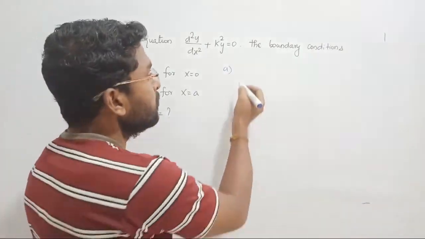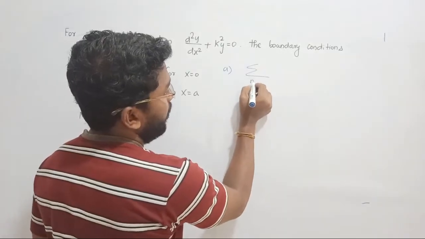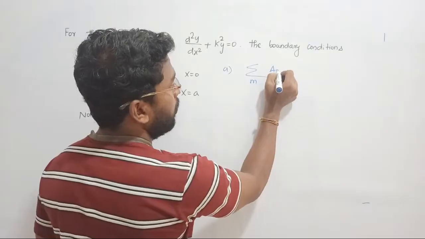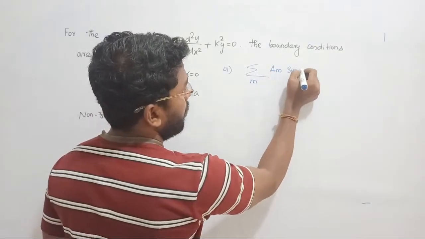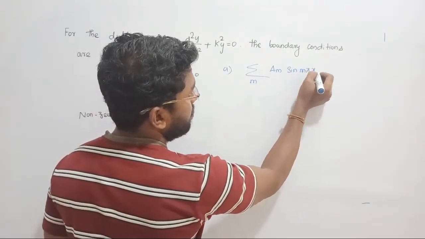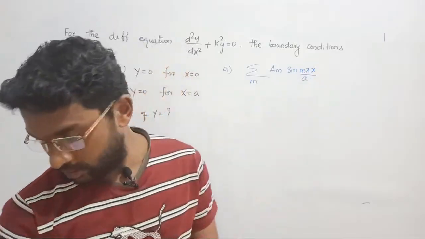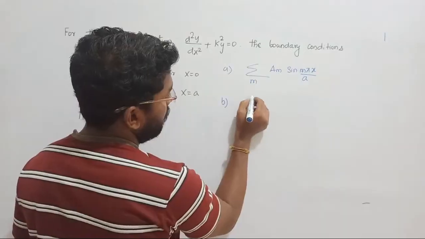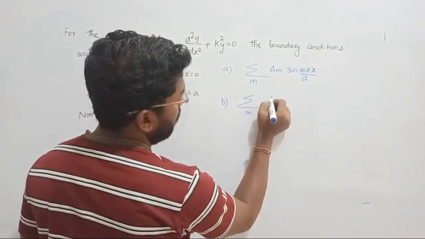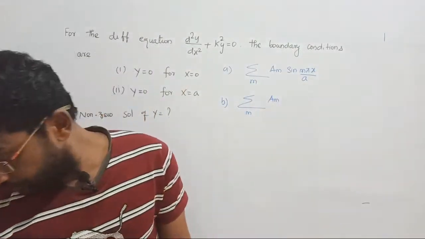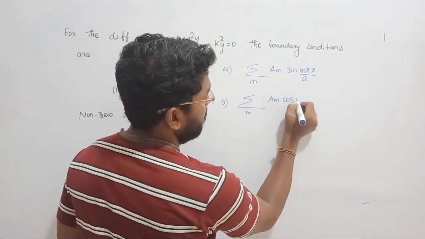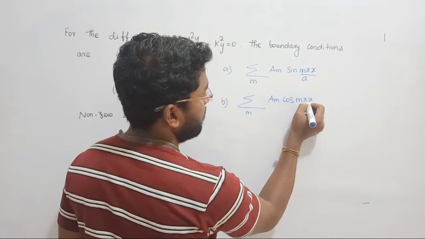Option A, summation m of am into sin(m pi x by a). Option B, summation m of am into cos(m pi x upon a).